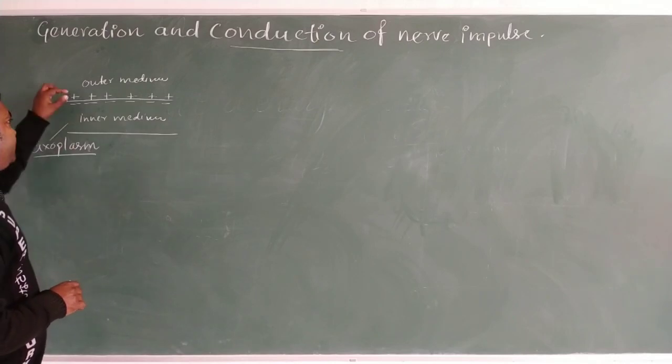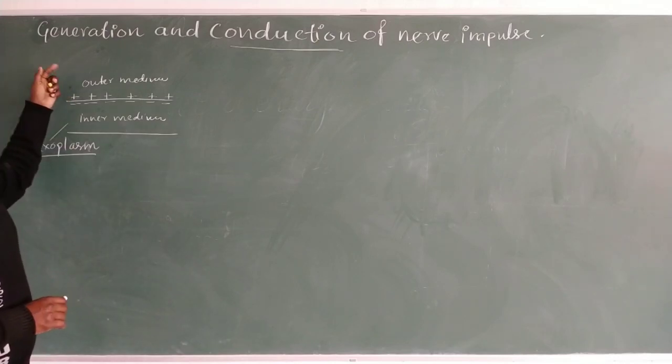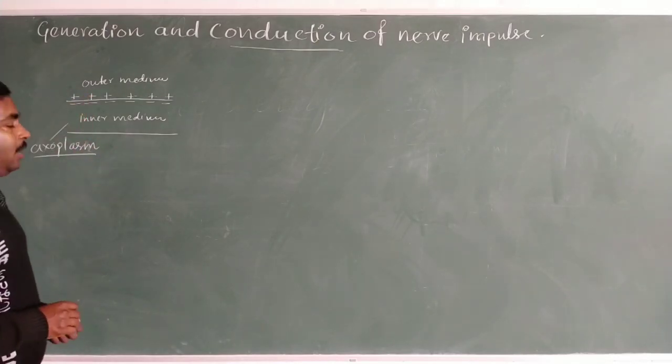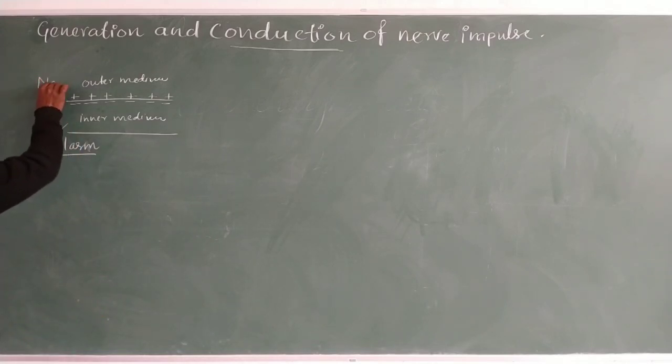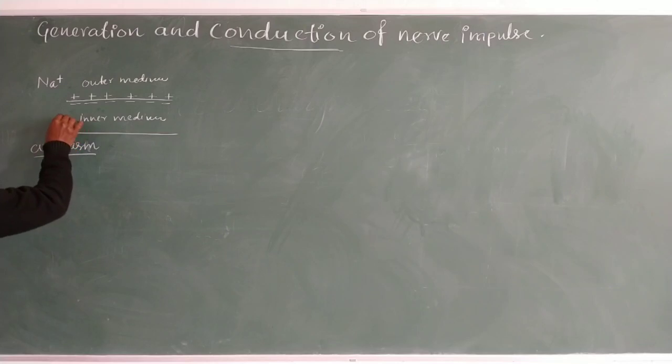This maintains the concentration gradient along the plasma membrane of the neuron. The positive charge is accumulated on the outer membrane due to the sodium ion, and inside it is due to negatively charged protein.